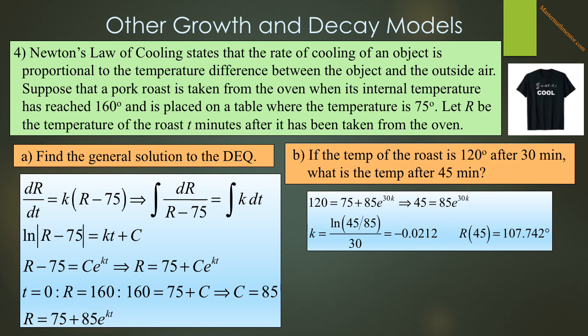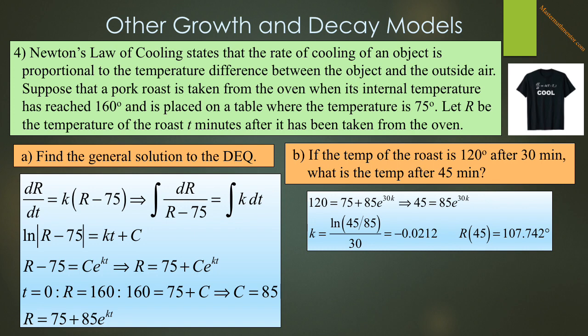Plugging in, we get 120 equals 75 plus 85 e to the 30k, and 45 is equal to 85 e to the 30k. Solving for k, we get k is equal to the natural log of 45 over 85, all divided by 30. And that is equal to negative 0.0212.